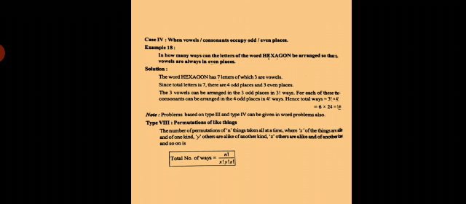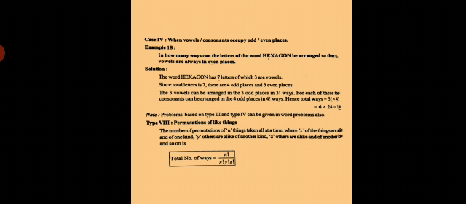Yes or no? The first one is an odd place, the second is an even place, the third is odd, the fourth is even, the fifth is odd, the sixth is even, the seventh is odd. Hence we get 4 odd places and 3 even places.